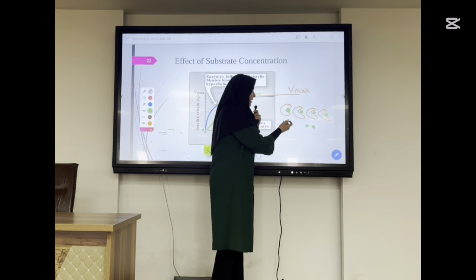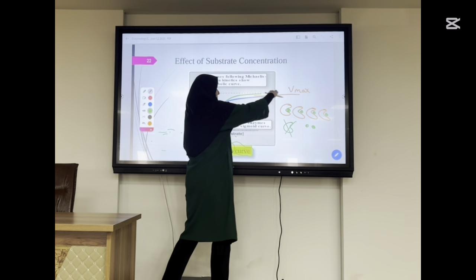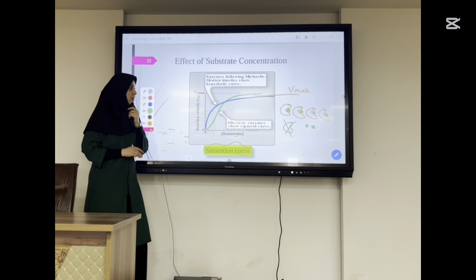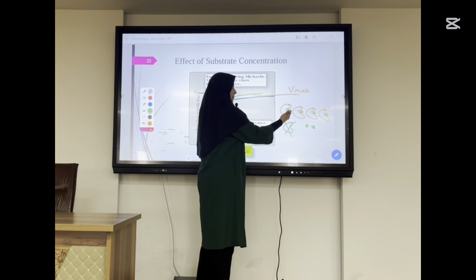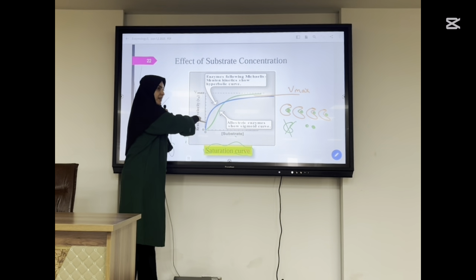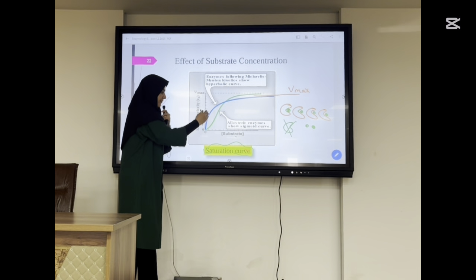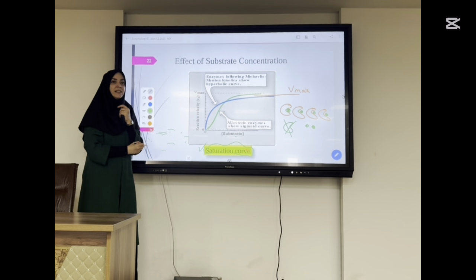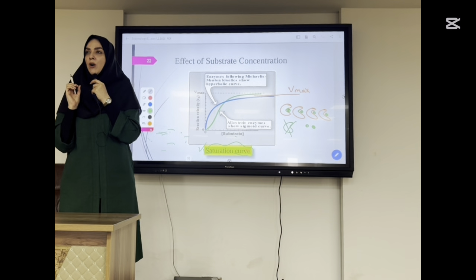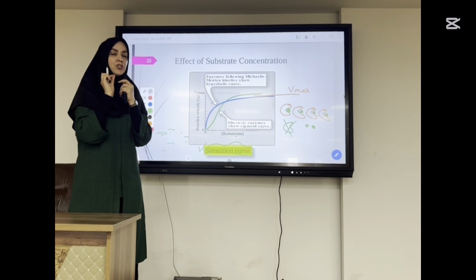There is no empty enzyme. So we reach the maximum velocity. Is it clear? Because all of the enzymes are saturated. The name of the curve is the saturation curve.